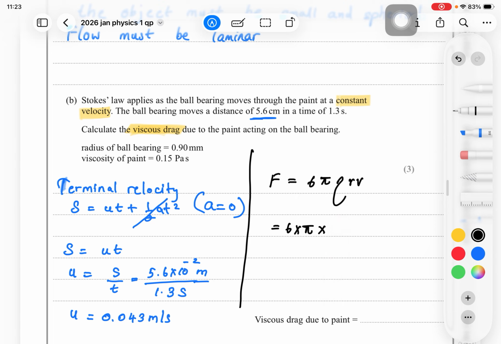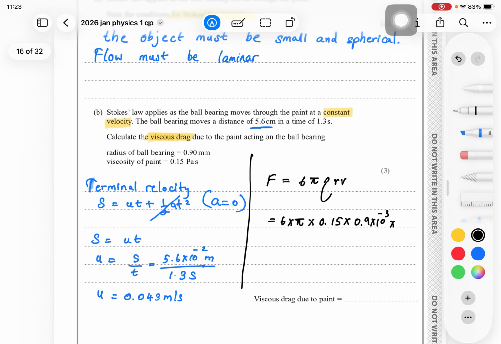The viscosity is given on top, which is 0.15. The radius is also given, but it is in millimeters, so we have to convert it into 10 to the power negative 3. Then the terminal velocity, which is the answer from the previous part, is 0.043.